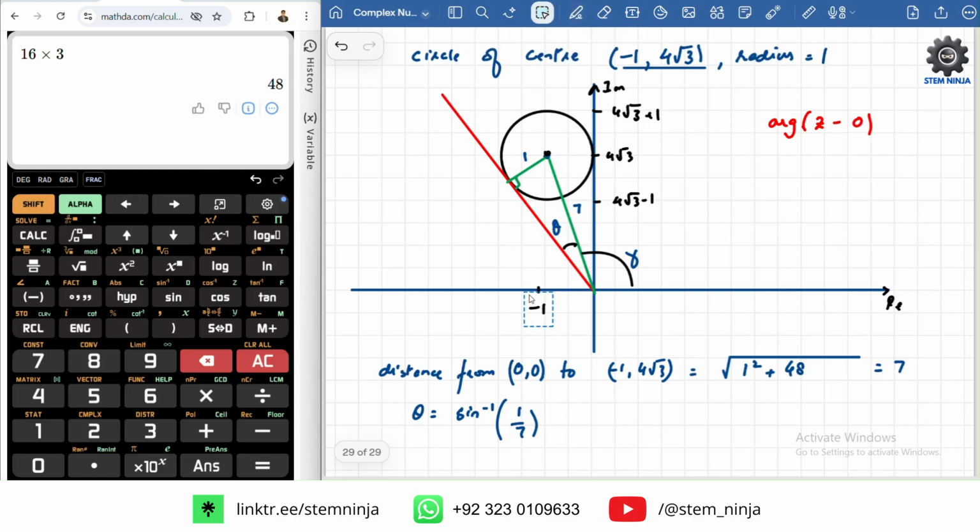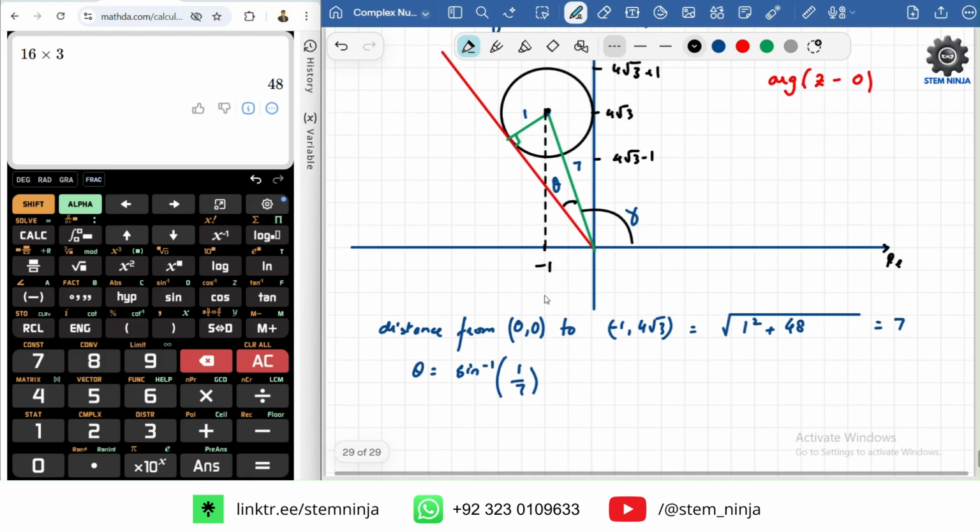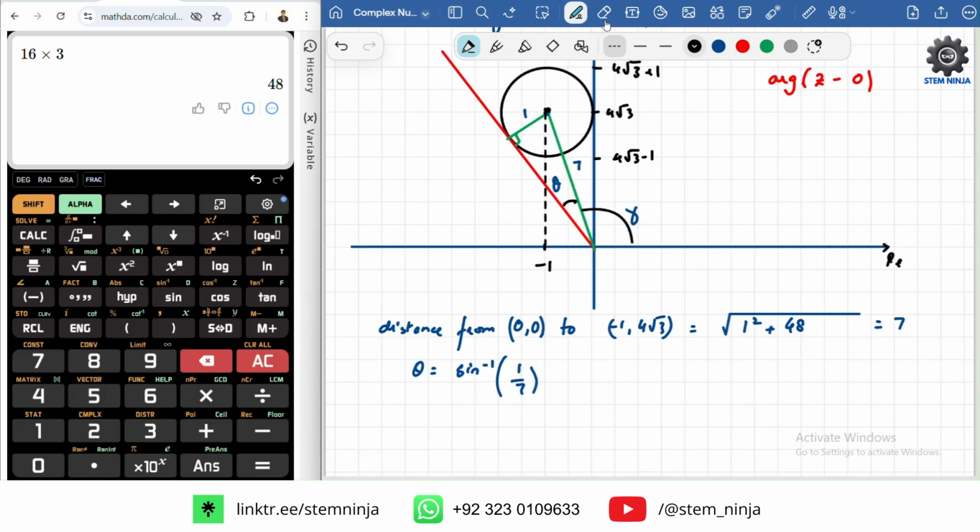Sorry, this is supposed to be over here. Okay. So you can use this particular triangle also, like 7 and 4 root 3. Technically yes. So what I meant was 4 root 3 is the height, right? 4 root 3 is the height.